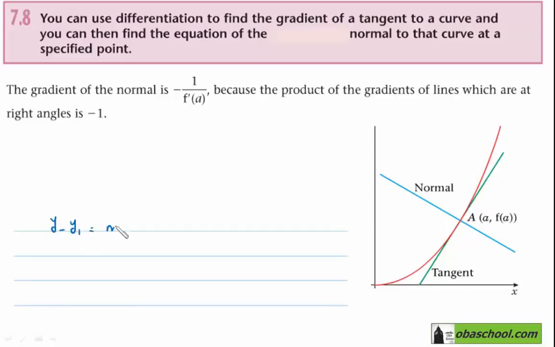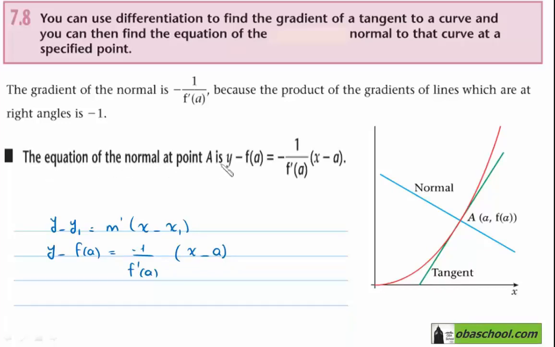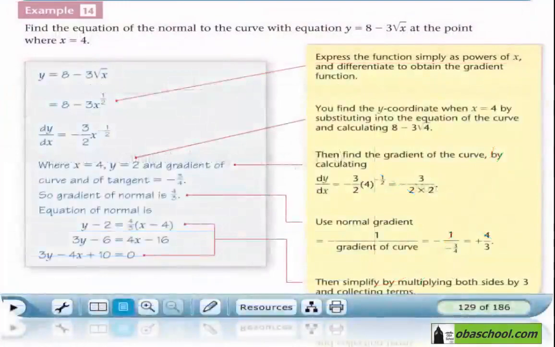If we say that the equation of the line is y minus y1 equal to m prime, representing the gradient for the normal, multiplied by x minus x1, then we can substitute directly m prime by -1 over f prime of A. So the equation of the normal is going to be y minus f of A equal to -1 over f prime of A multiplied by x minus A, by substituting the value of the point A and f prime, or the gradient of the normal. The gradient of the normal is important to remember its property.